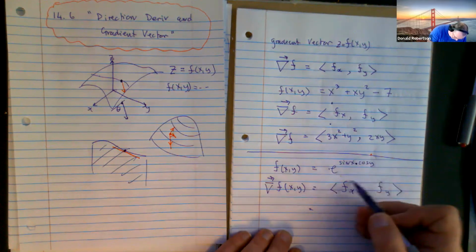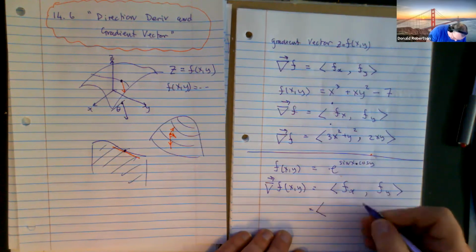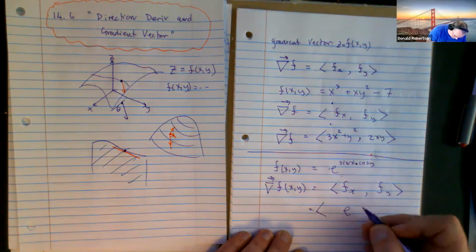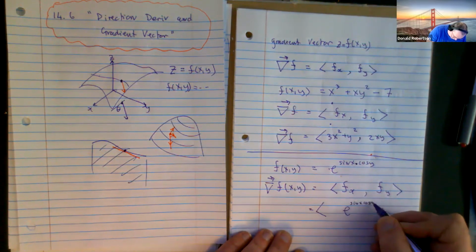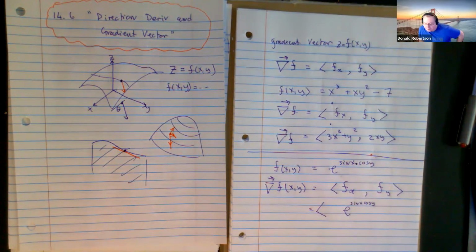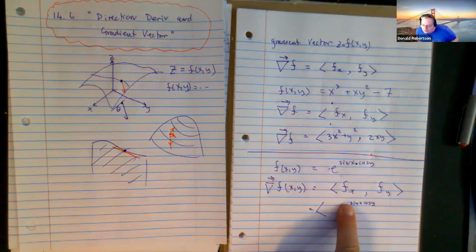If you differentiate this with respect to x, it's a chain rule. You get e to the sine x cosine y. Now the tricky part. What is the derivative of sine x cosine y? Because it is essentially a chain rule, and that's what we would call the inside function. So what's the derivative of sine x cosine y with respect to x?